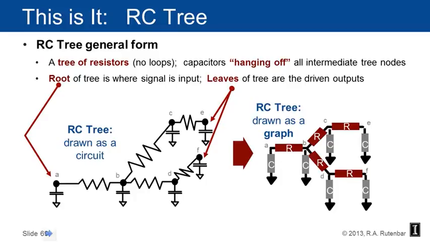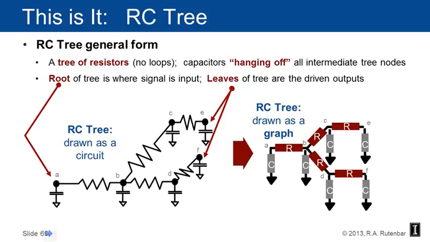And for a second, we might just redraw this like a graph, to take away the circuits feel of it. It's the same tree. There's resistors, a box labeled R, and there's a capacitor, a box labeled C. And there's a tree of resistors from A to B, B to C, and C to E, B to D, and D to F. And at A, B, C, D, E, and F, there's a C box hanging to the ground.